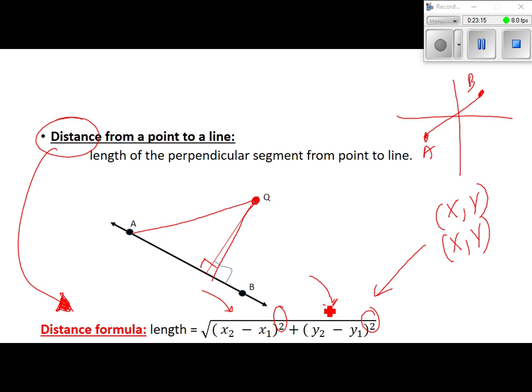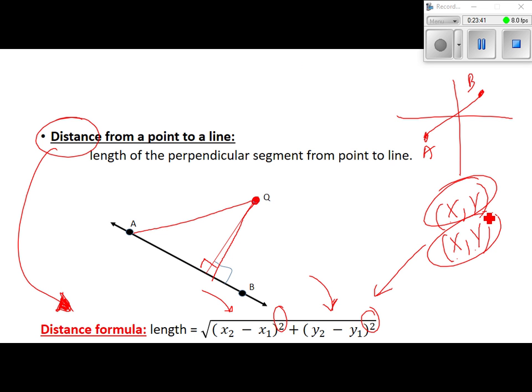The biggest problem that most people have with the distance formula is they get their X's and Y's switched up. Right? They'll put like these two numbers in the first set of parentheses and these two in the second set of parentheses. And it doesn't work that way. You got to put your X's here and here and your Y's here and here. That makes sense, right, Caleb?